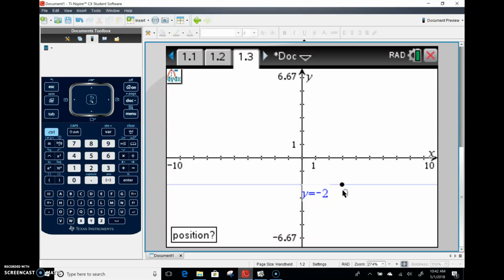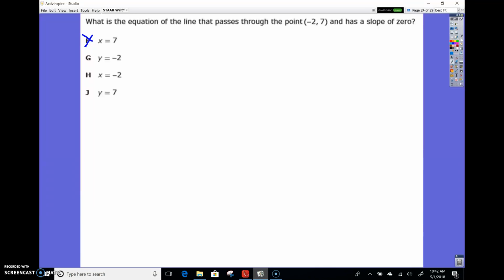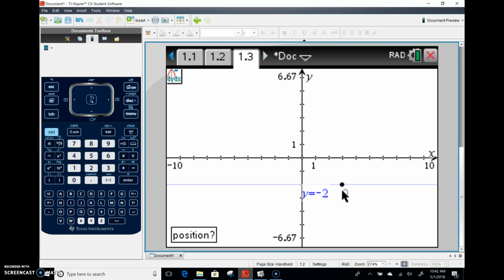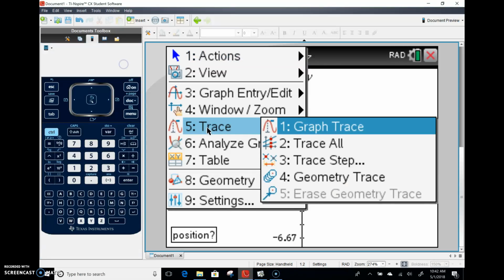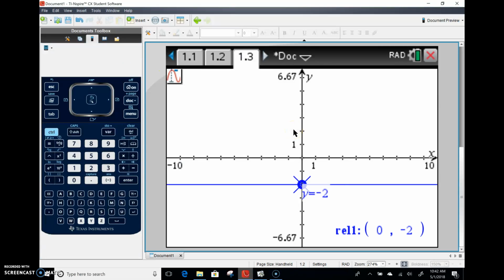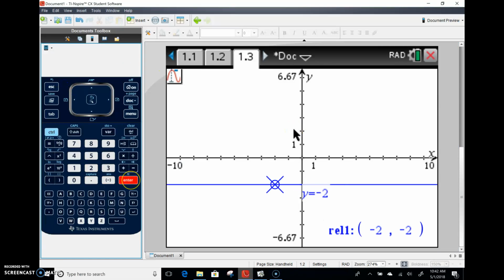Now I want my point, right? So I want -2, 7. So I'm going to go menu, trace, graph trace. I type in -2 and I get -2, so that's wrong.